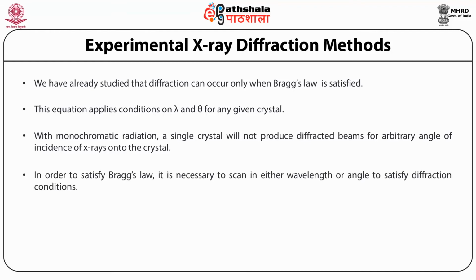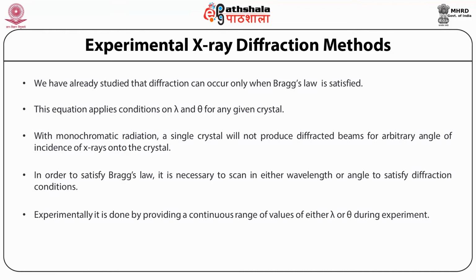In order to satisfy Bragg's law, it is necessary to scan in either wavelength or angle to satisfy diffraction conditions. Experimentally, it is done by providing a continuous range of values of either lambda or theta during the experiment.